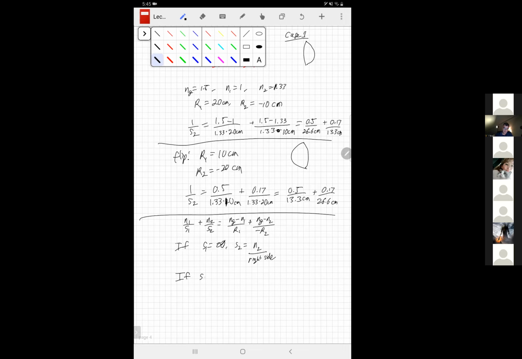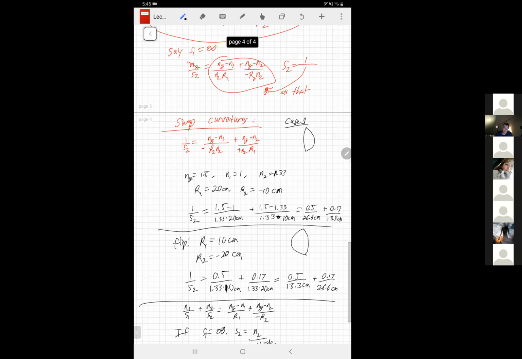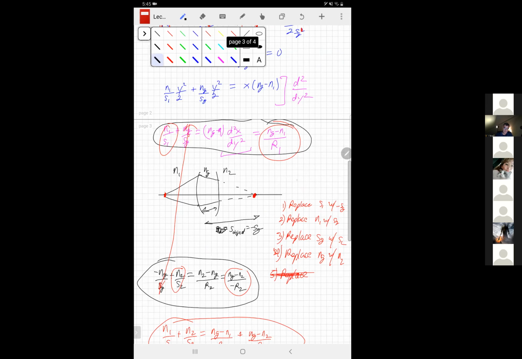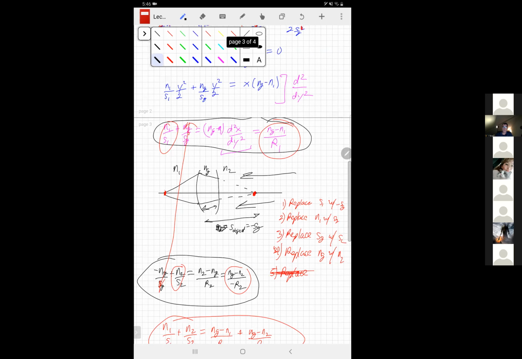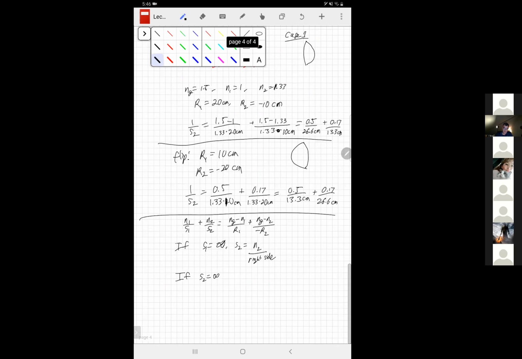But what if S2 was infinity? Imagine that we're sending in light the other way. We send in our rays of light like that. Then we could calculate S1.